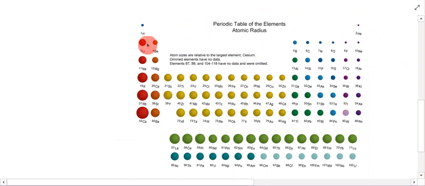As you move down the group, as these radii get bigger and bigger, it's easier to pull the outer electrons off. As a result, they're much more reactive, and that's why as you move down the group they become much more reactive, because they want to lose electrons.